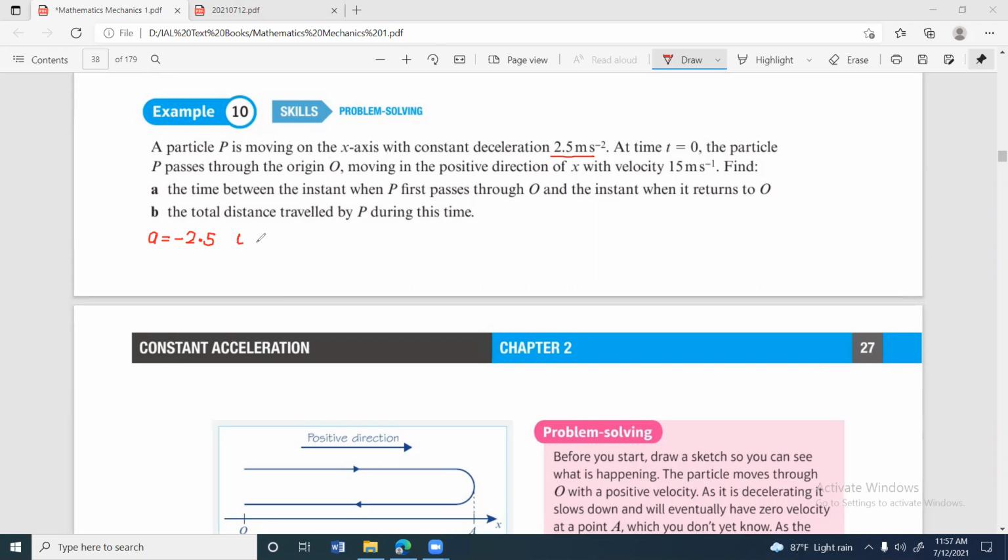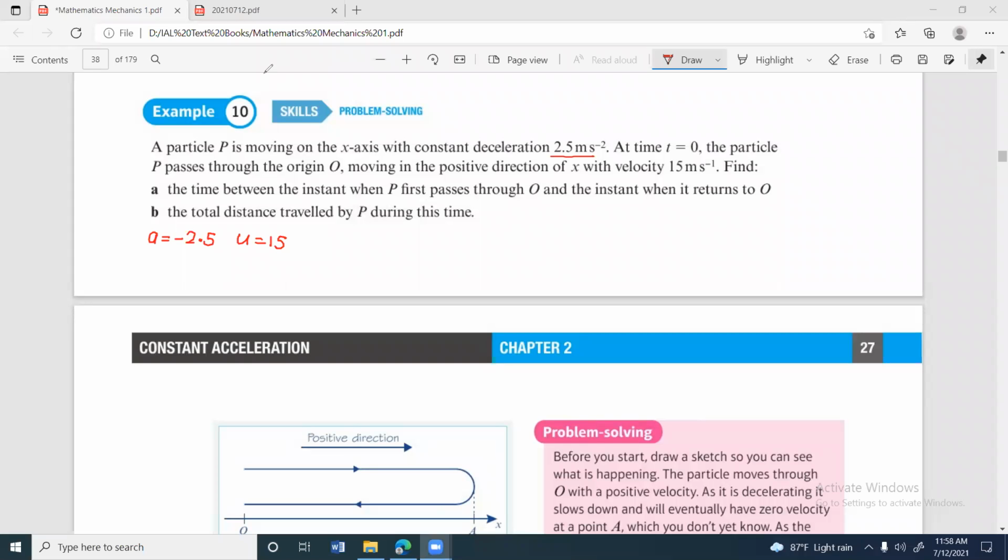So u is equal to 15. Find the time between the instant when P first passes the origin O and the instant when it returns to O.